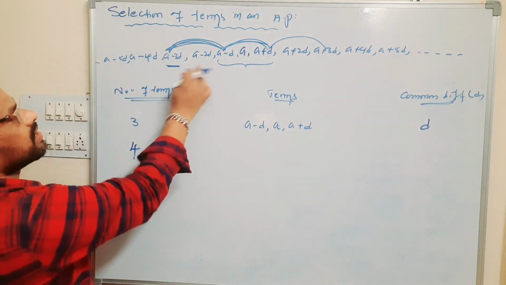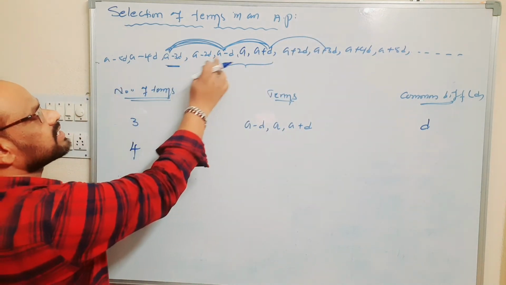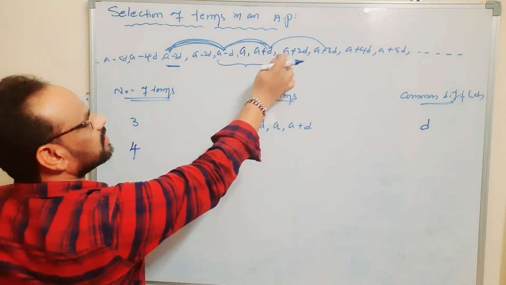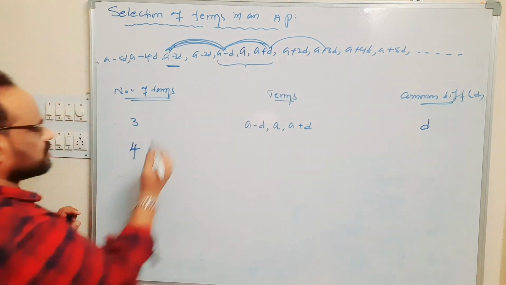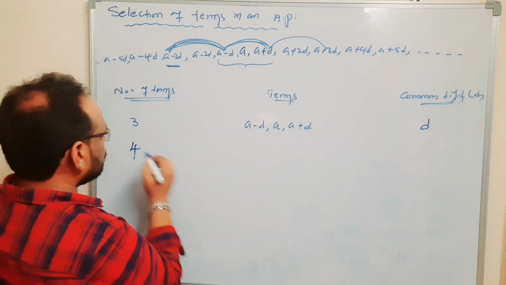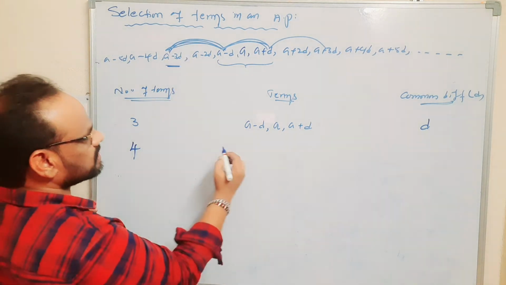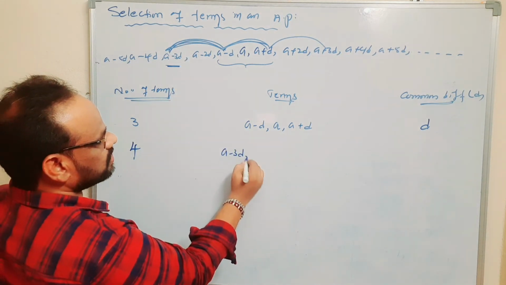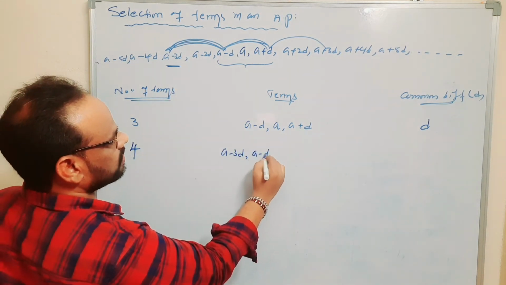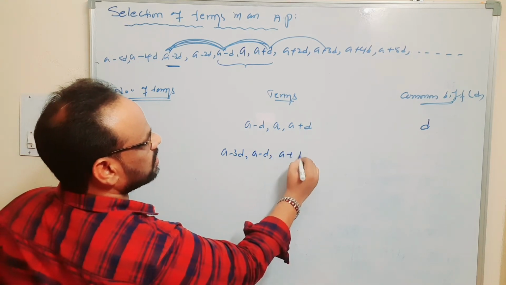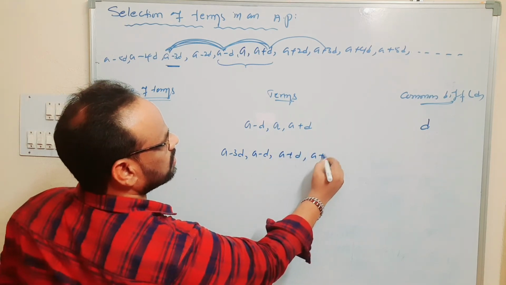Leave one, leave one. A minus 3d, leave one, next a minus d, then a plus d, and so on, a plus 3d. So the number of terms is 4, and the terms are a minus 3d, a minus d, a plus d, and a plus 3d.